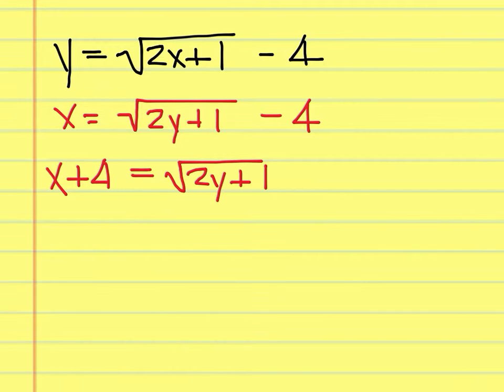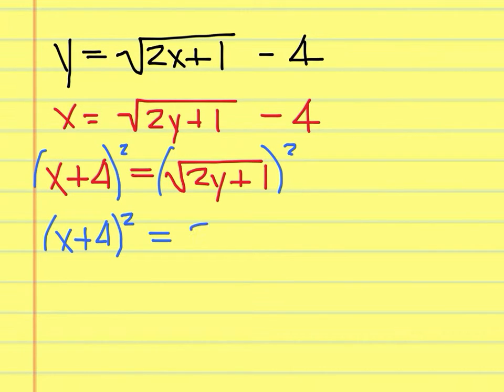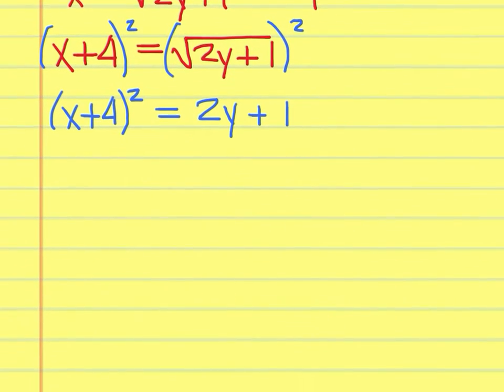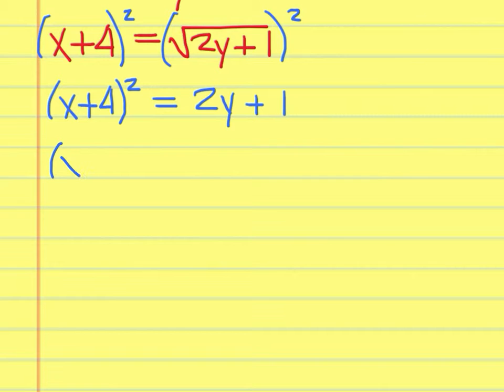And instead of square rooting, we're going to square both sides. When you do that, you're left with the quantity squared of x plus 4 on the left. On the right, it's just 2y plus 1. Now you can move the minus 1 to the left.